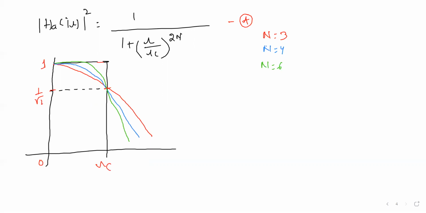Again, if you take a higher n value, 6 or 7 or 8, any higher value, then you will get like this. This is increasing value of n.